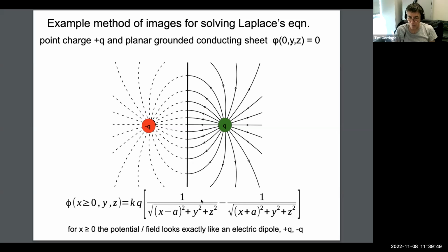It's just the sum of the potentials of those two charges. And this solves the problem of the electrical potential everywhere in this region of space to the right of the conductor that corresponds to our problem. And we've solved it by the method of images.